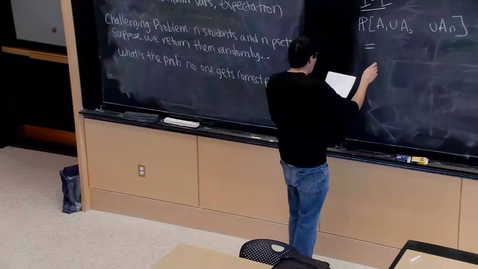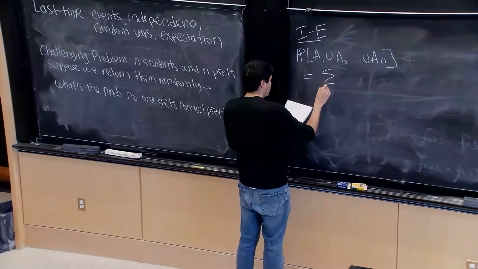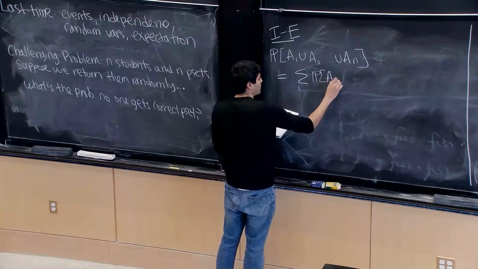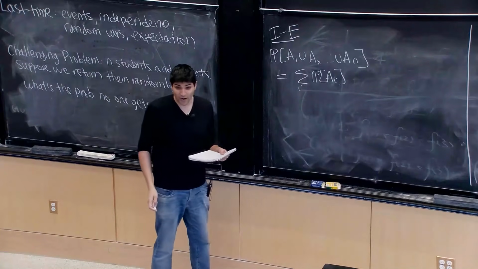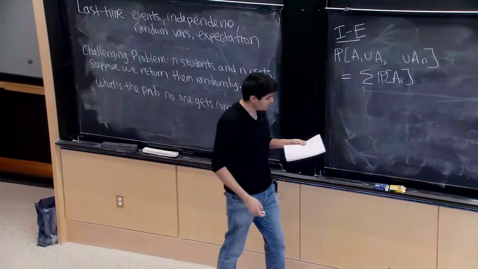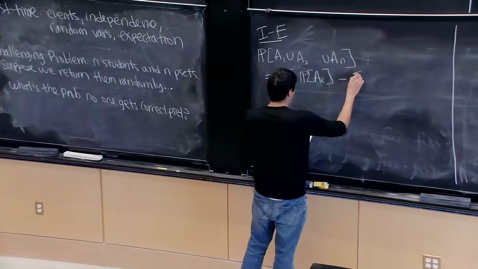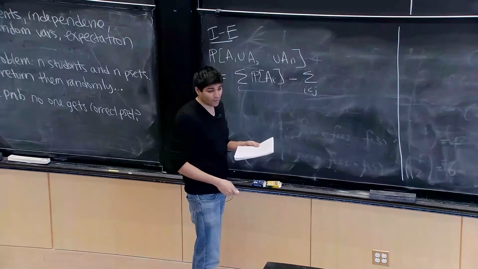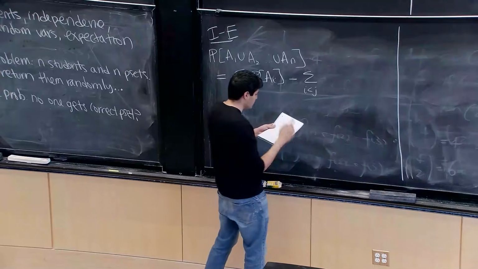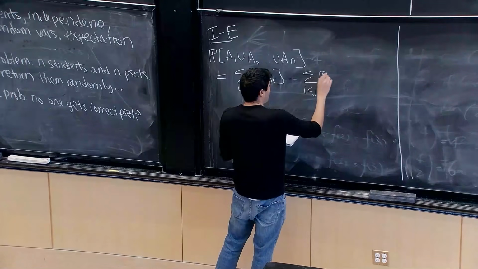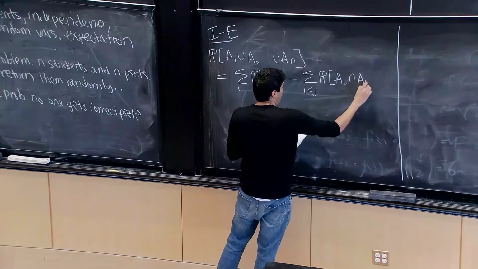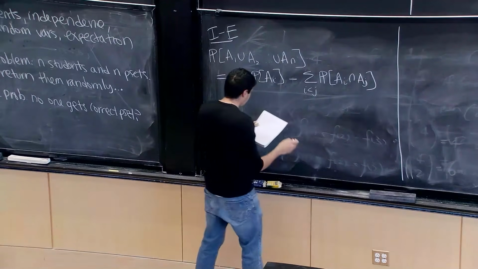Our naive approximation is just going to be the sum over all of the events of the probability of the event. We know that that's not correct in general because we've overcounted. So we're going to subtract off the pairwise terms. We're going to take every pair of events, the same way we did in the n equals 3 case, and look at the probability of any pair of the events happening, Ai and Aj.